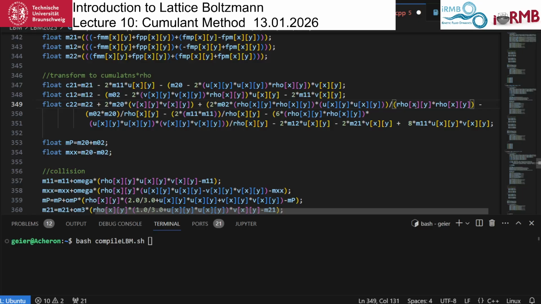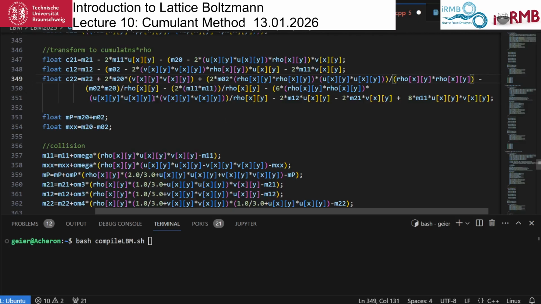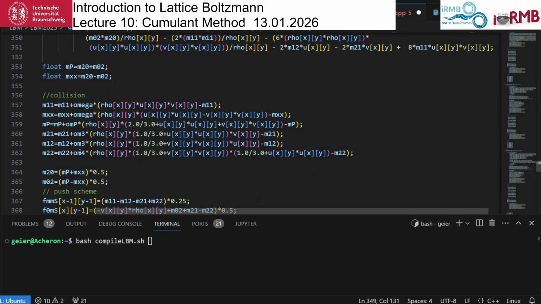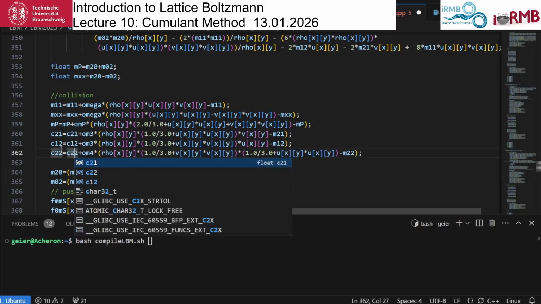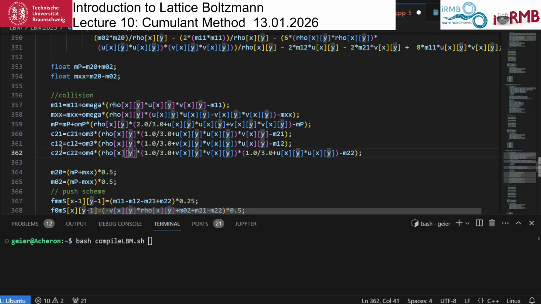Okay, now we've done these transformations. Now the ones that we don't have are these. So we just do this replacement here. We're using the same relaxation rates.